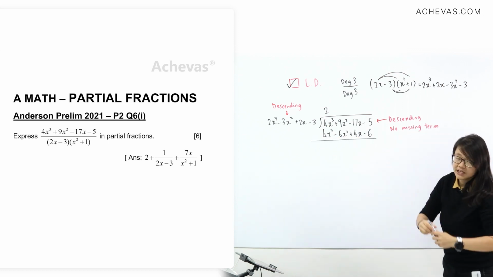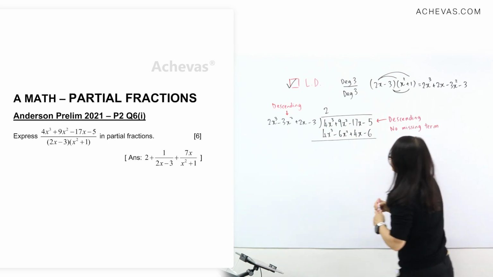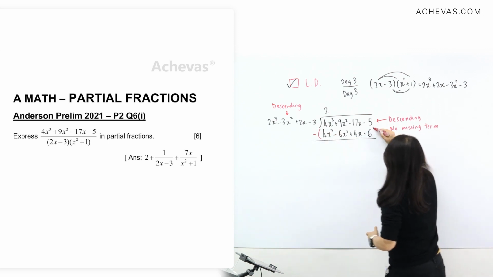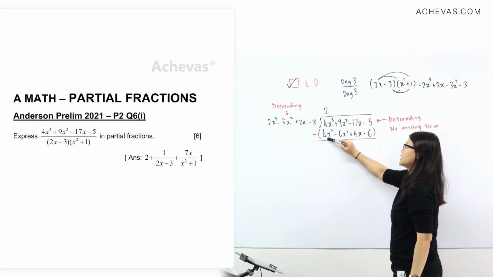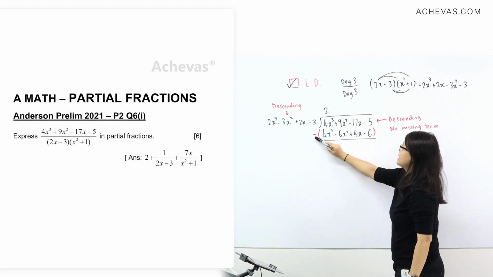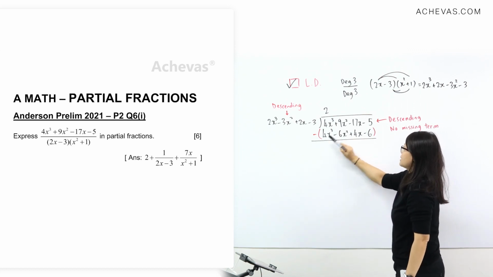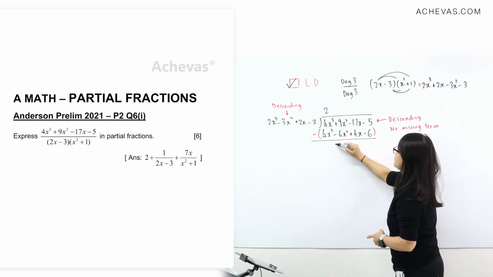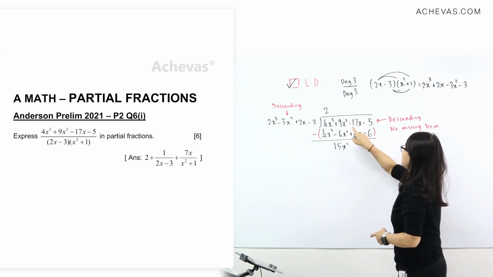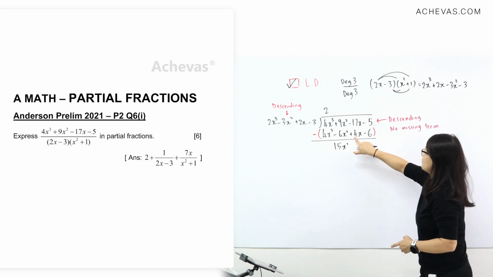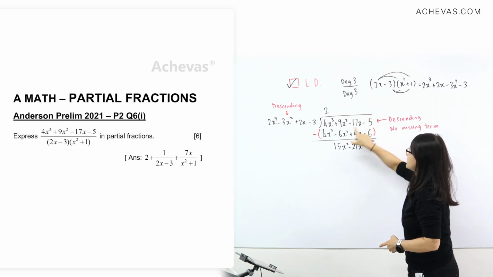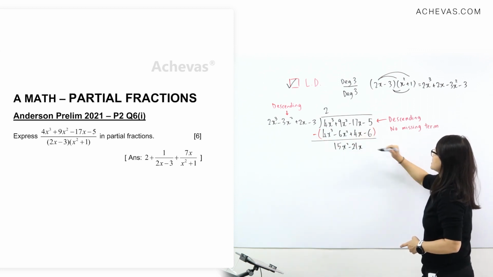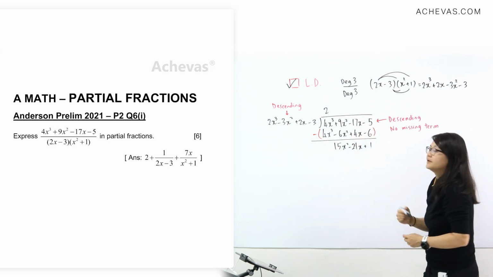Okay, now next line here, if you're going to write a minus sign, let's just put a bracket over here. Now let's take a look at this. This term minus is gone, so we have 9 minus negative 6, which is 9 plus 6. That will be a 15x squared. Negative 17 minus 4, negative 21x, and the last one, minus 5 plus 6, so that's going to be a plus 1.